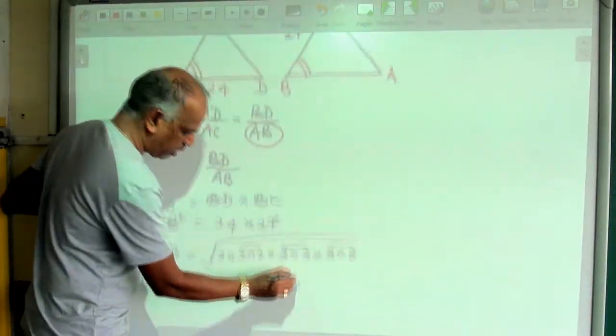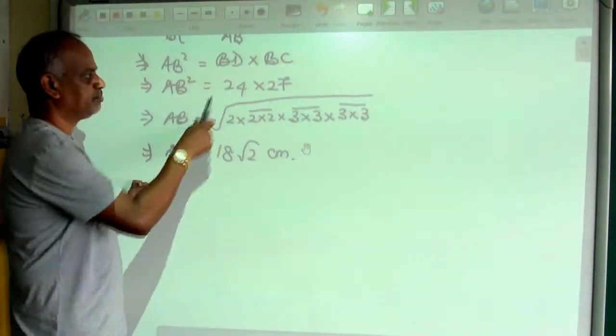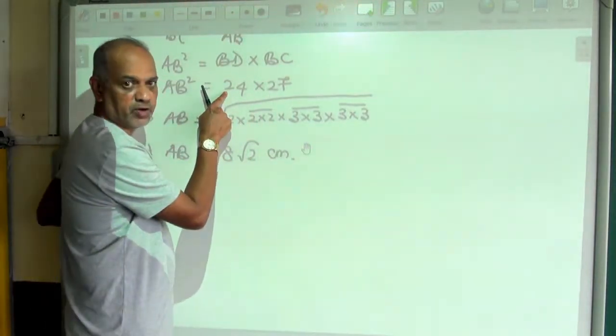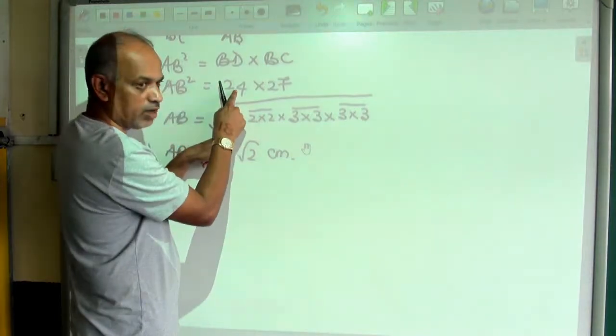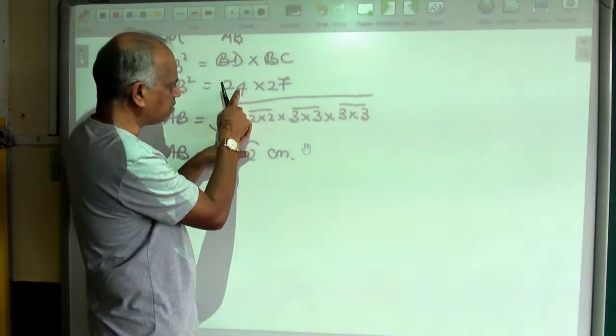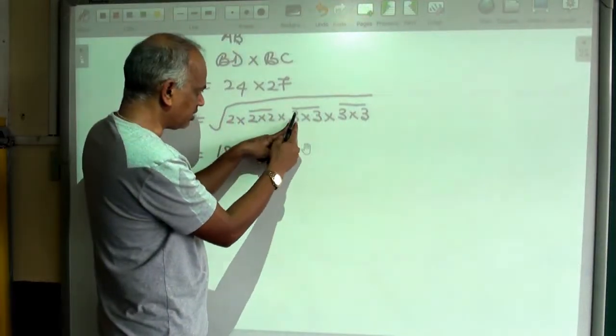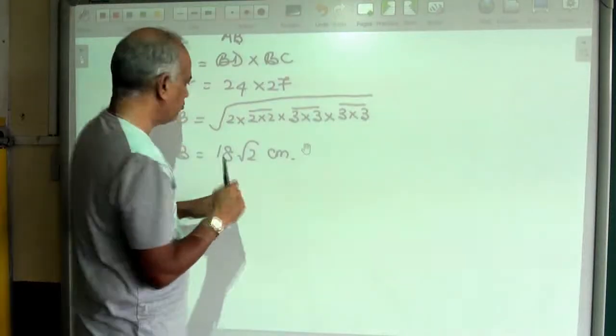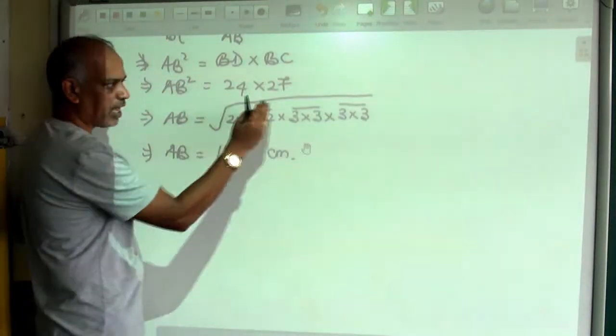Now to find the square root of this, it's better to write the factors of 24 and 27. Start dividing 24 by 2, you will get 12. Divide by 2, you will get 6. Divide this by 2, you will get 3. That 3 is here. 27 factors are 3 into 3 into 3. We are finding square root, therefore pair them up.